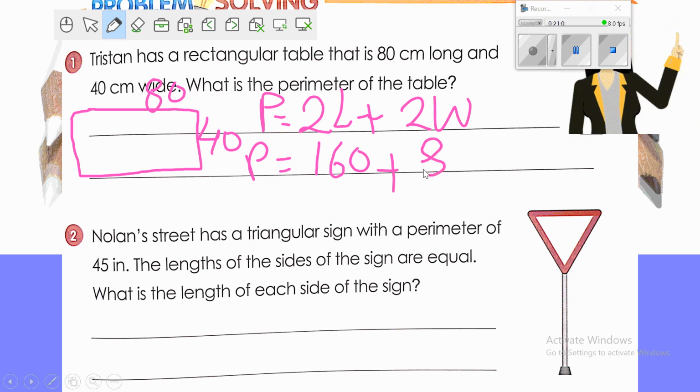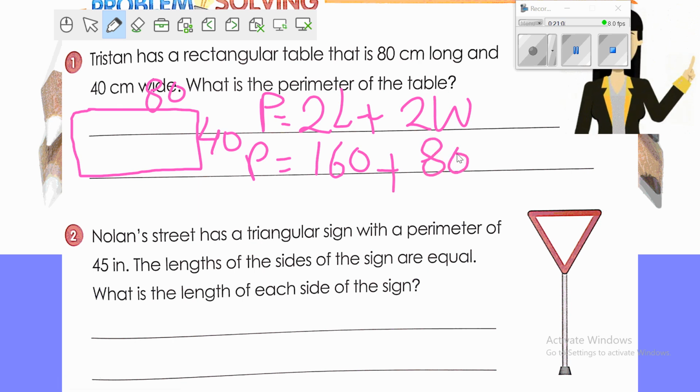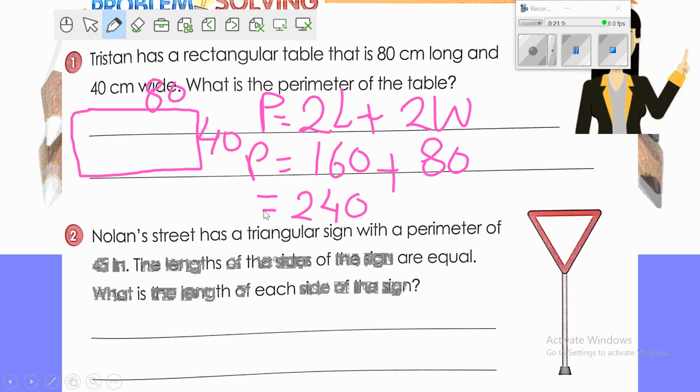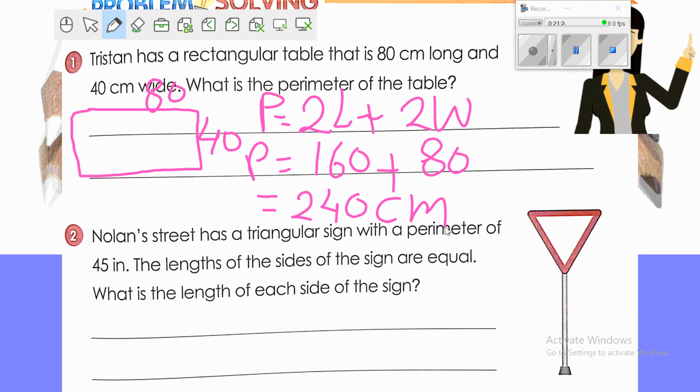Yes, it's 80. Now I'm just adding together. 0 plus 0 is 0, 6 and 8 will be 14, and 1 up, so the answer is 240 centimeter. The unit is so important.